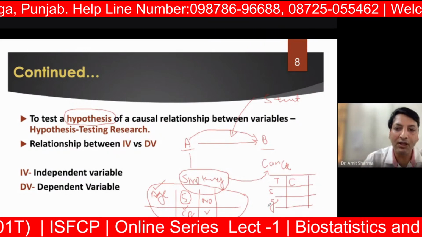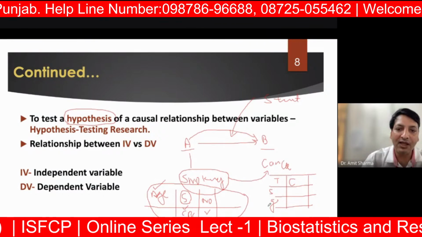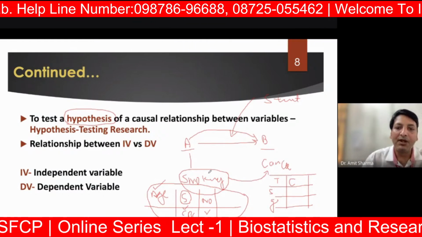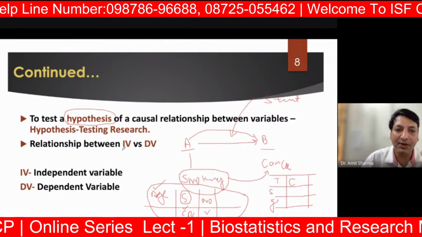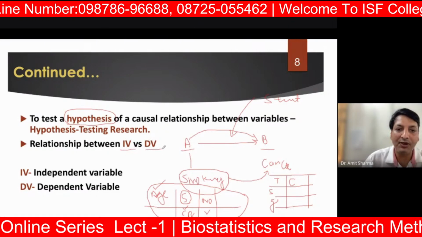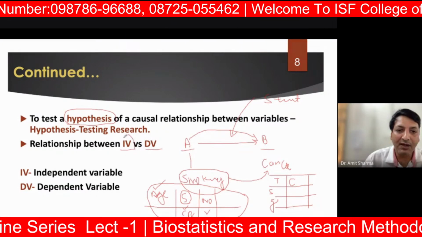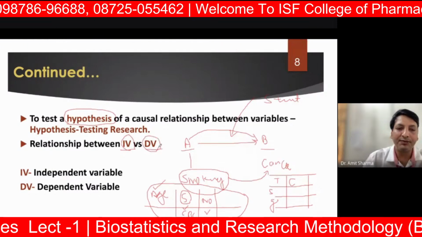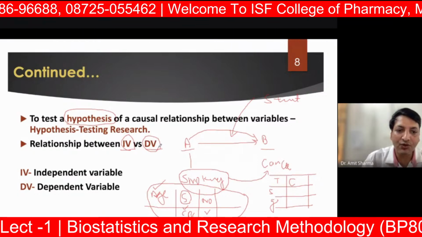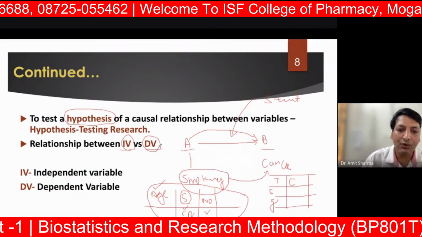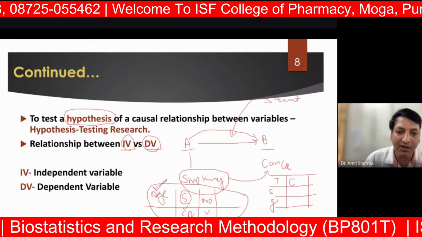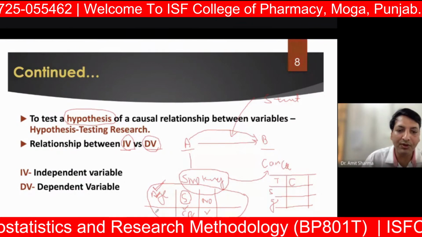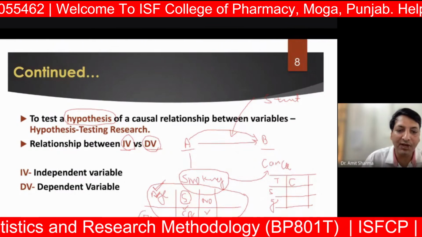So this will be called your hypothesis. Under the hypothesis, you will have multiple things, for example, the independent variable and the dependent variable. What will be the independent variable and what will be the dependent variable? That is based upon the choice of the supervisor or the researcher, whether you want to keep age as an independent variable or not, gender as an independent variable or not.